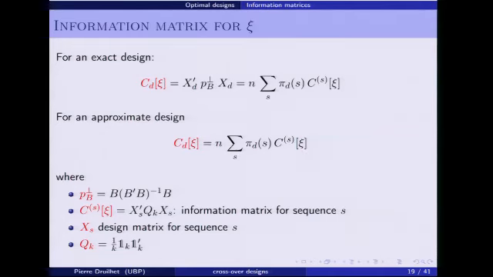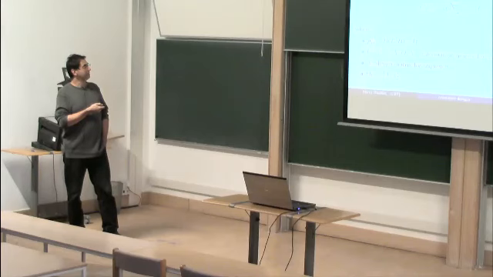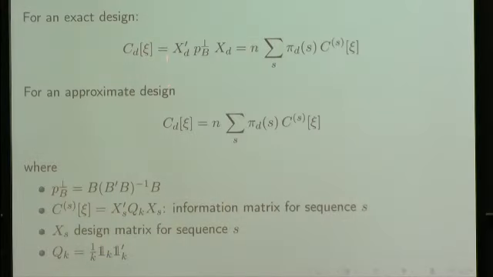So this is for an exact design. For an approximate design, the first formula does not apply because it has no sense, but we can apply the second one. So this is a general formula for the information matrix, exact design or approximate design.